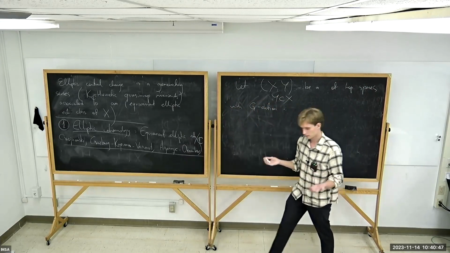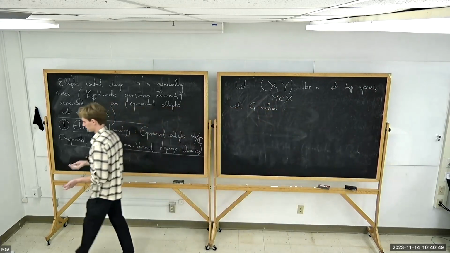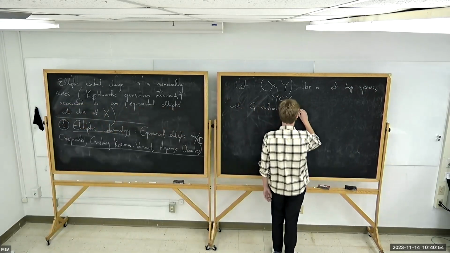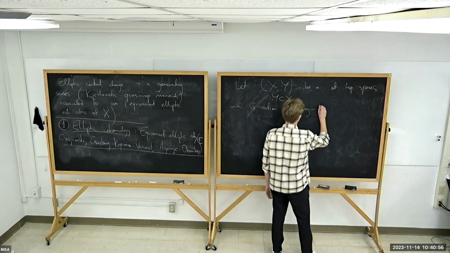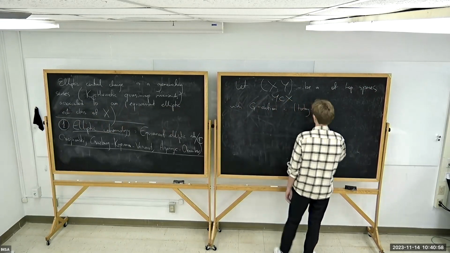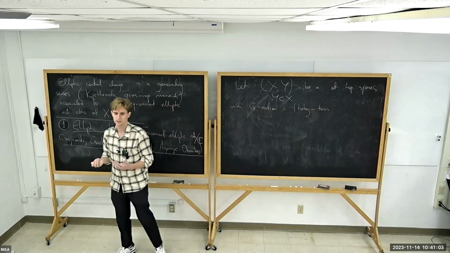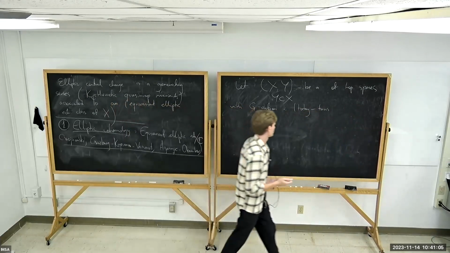In principle it could be any compact Lie group, but for today it's going to be just a torus. So I will not distinguish between a compact Lie group and its complex algebraic version.